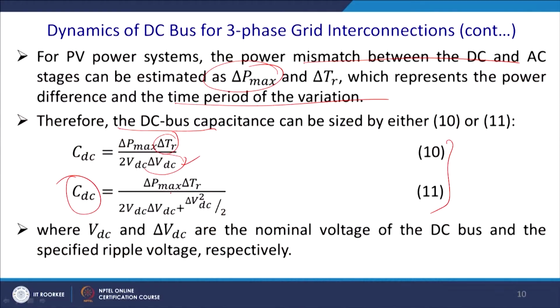So, C_DC equals P max into ΔT_R over 2 V_DC into ΔV_DC plus ΔV square DC by 2, where V_DC and ΔV_DC are the nominal voltage of the DC bus and the specified ripple voltage.